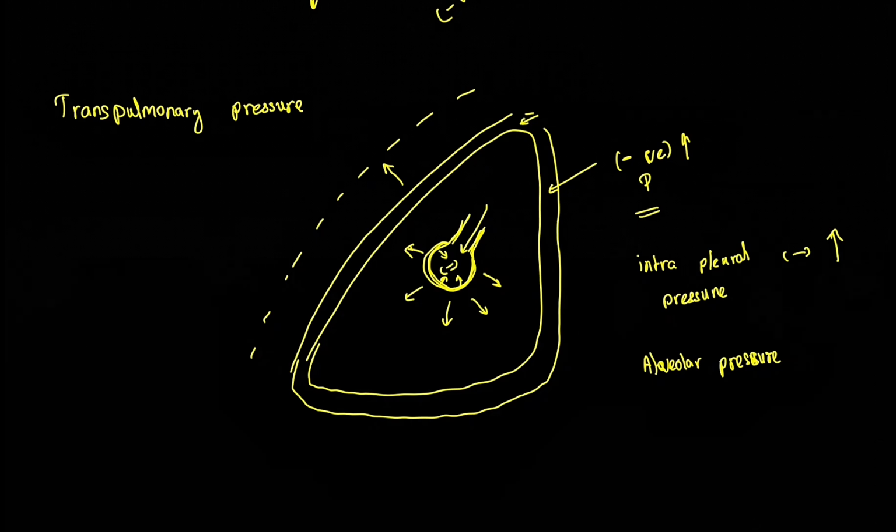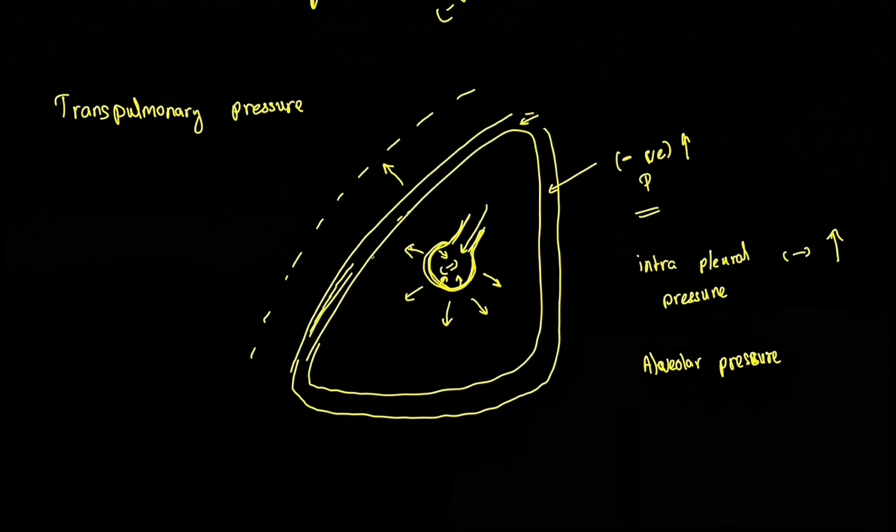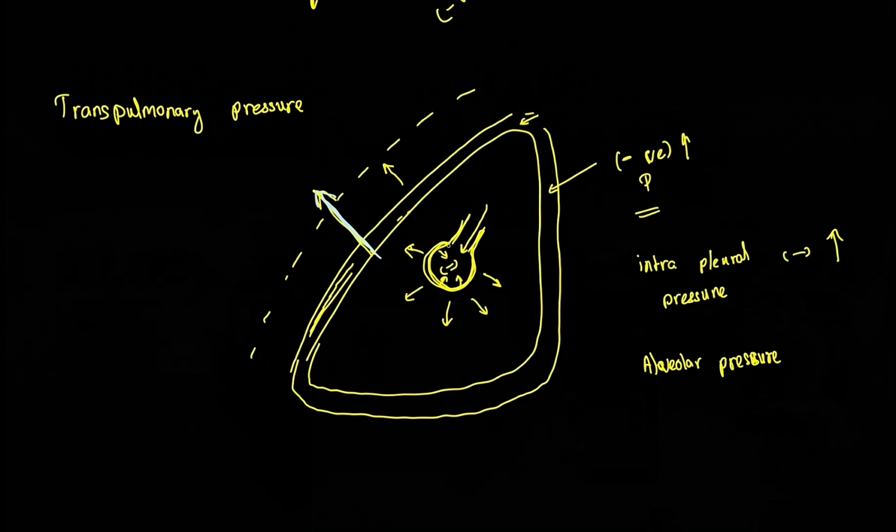Why do we have to know about this? If the pleural pressure becomes more negative, the lungs try to expand, right? This is one arrow. But then the alveoli try to expand, and due to that, a negative pressure is created inside of the alveoli, which causes the alveoli to collapse or try to compress.